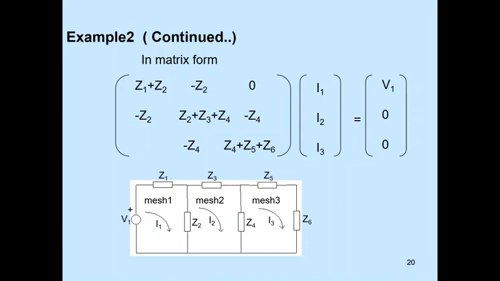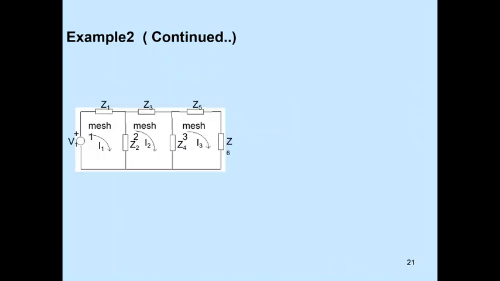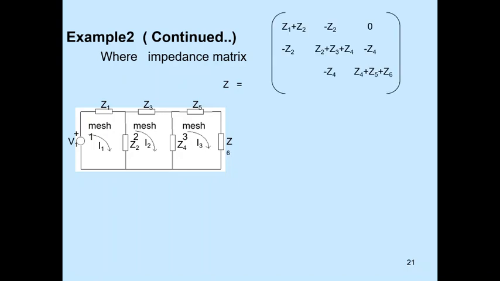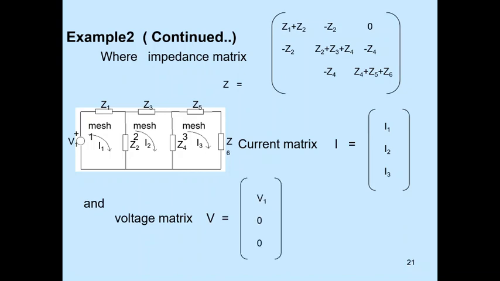In this way, we can write the mesh equations in matrix form. So Z is the impedance matrix, I is the current matrix, and V is the voltage matrix.